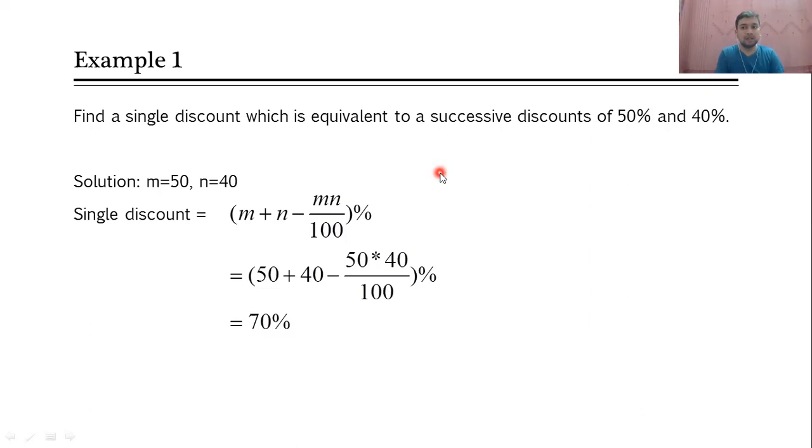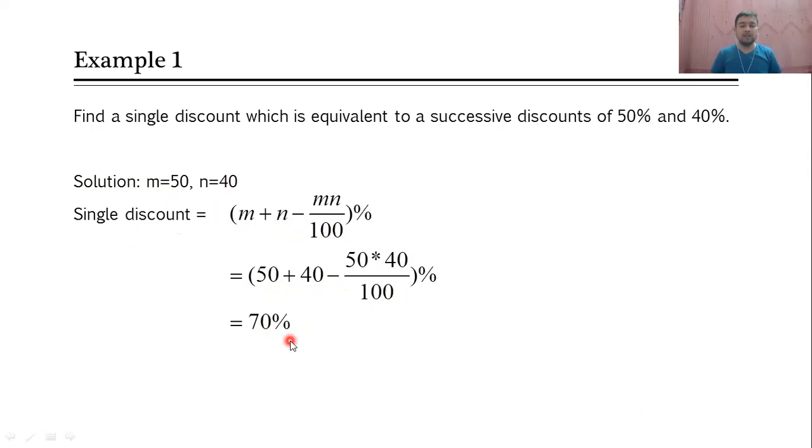So instead of that, simply go by this. What is m? m is equal to 50, n is equal to 40. So the single discount you can calculate as m plus n minus mn upon 100. So 50 plus 40 minus 50 into 40 upon 100, it will be 70.